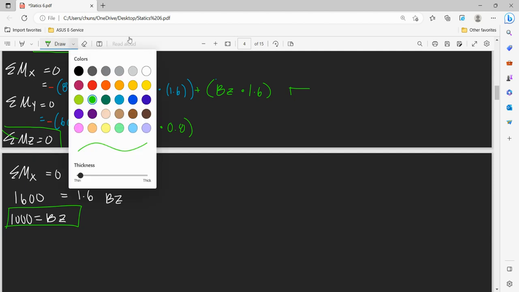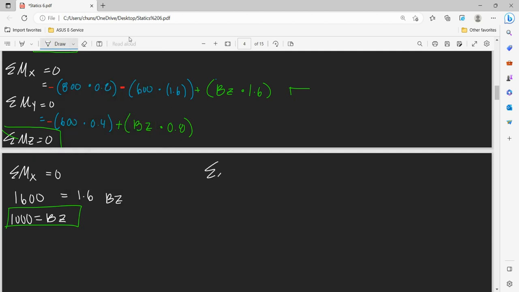Okay, now let's do our moments about our y-axis. So again, that leaves bz times 0.8. Remove this 600 times 0.4 to the other side. This is 240.